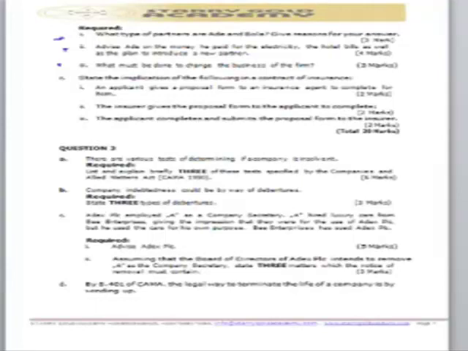If we are to answer this question now, you say that this case relates to vicarious liability. So you explain the principle of vicarious liability. Vicarious liability means that where a servant is with the master, whatever the servant does, the master will be vicariously liable. That is, you bring out the principle. Then you advise: who is to be liable?